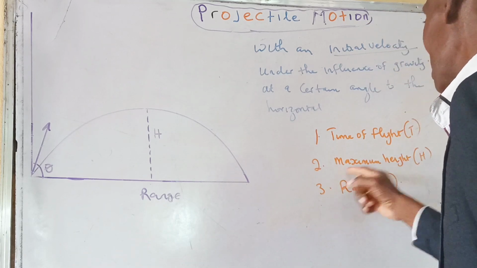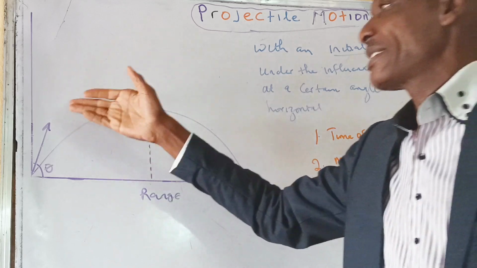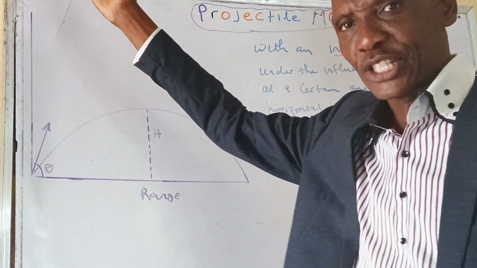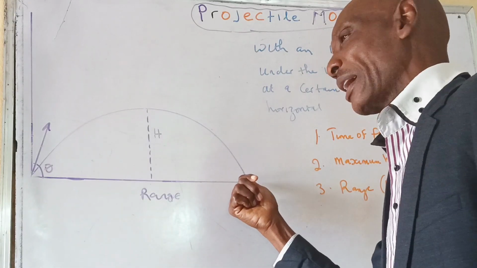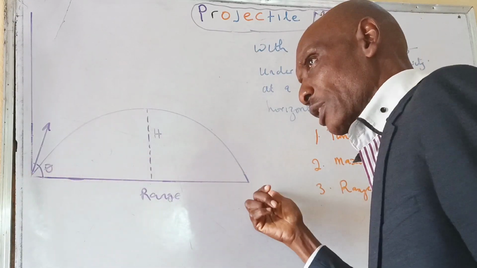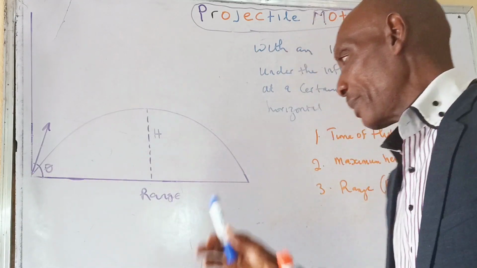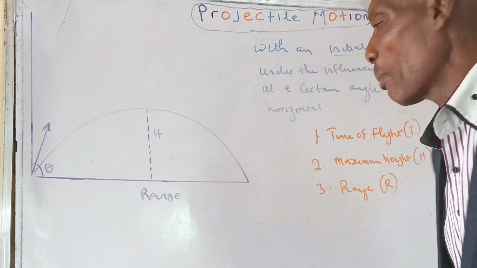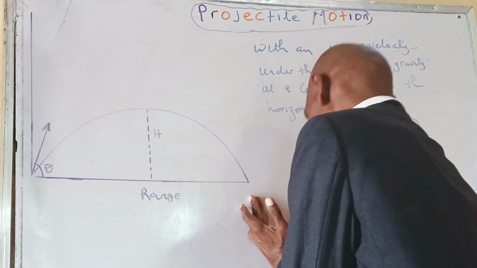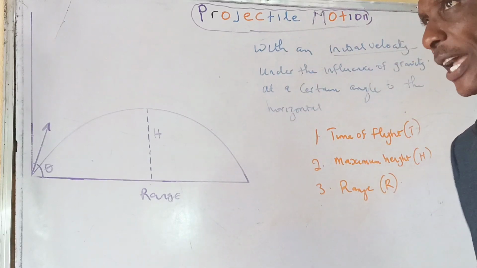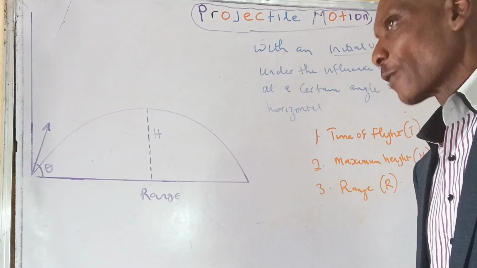But unlike the maximum height, which is distance in a vertical direction, the range is a distance in the horizontal direction. So that means the range of a projectile is the maximum horizontal distance between its point of projection and where it comes to rest.